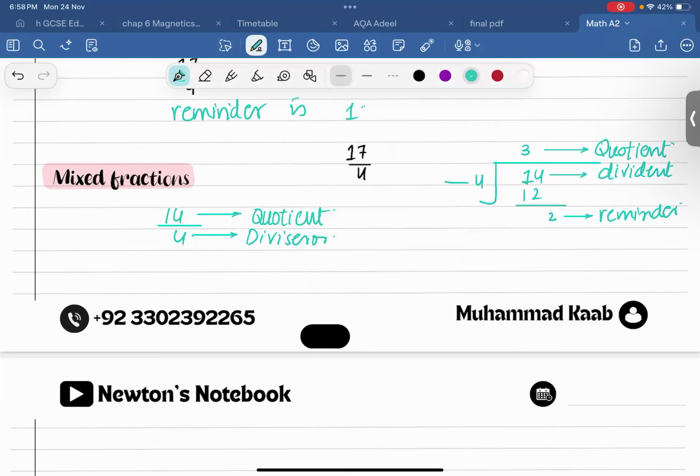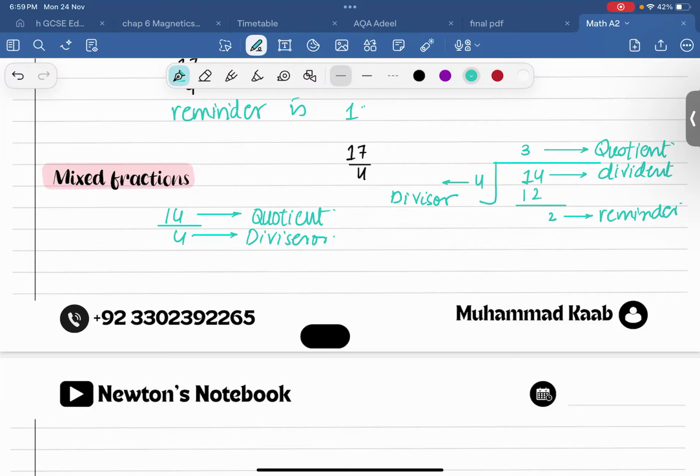This is your divisor, with an I, not an E. So these are the four terminologies that you should know.